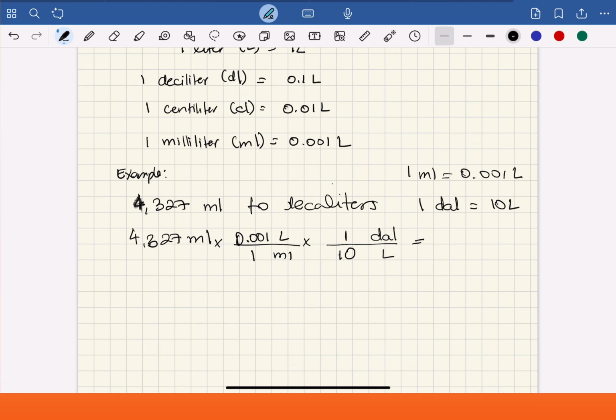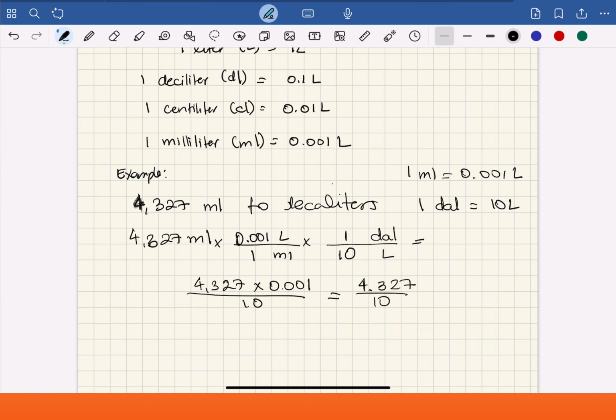So all I have to do, if you were to do this in your calculator, you would say, okay, 4,327 times 0.001 over 10, okay? So you would enter that in your calculator and you would get something like, 4,327 times 0.001 gives you 4.327, right?